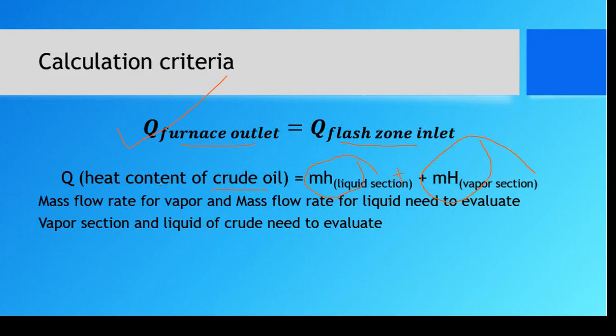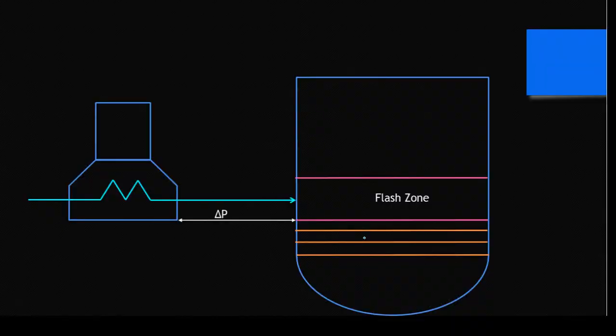After adding we have the total heat content of the crude oil at any position. So we need the mass flow rate of vapor and the mass flow rate of liquid, and if we know these m values and the enthalpy values, it is simply basic calculation. There are no complications here, you only have to find out all these things. So how can we do it?